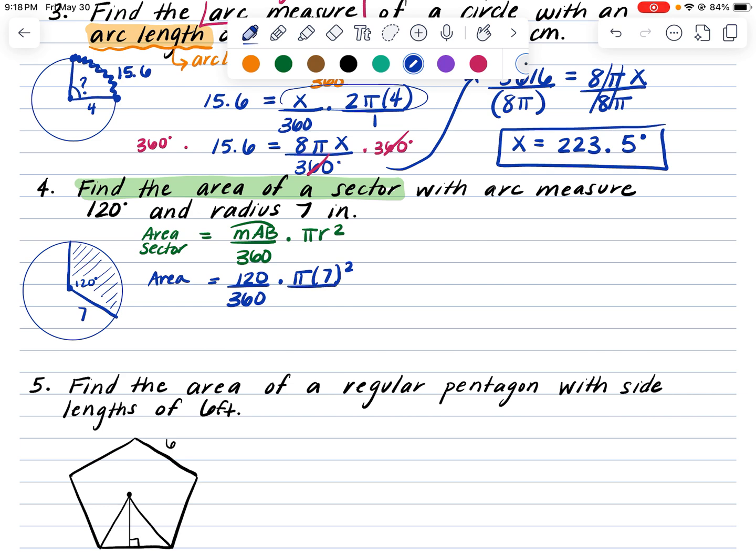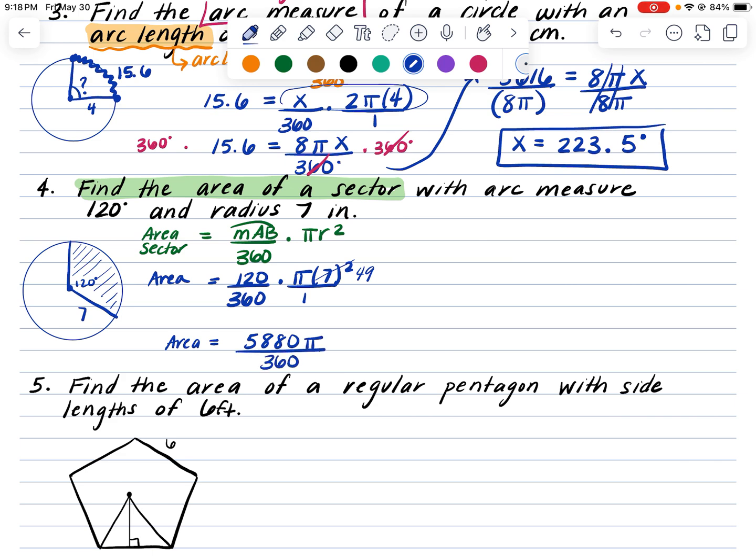And so I'm going to simplify straight across. So 7 squared is 49. And 49 times 120 is 5,880. So the area is equal to 5,880 pi all over 360.